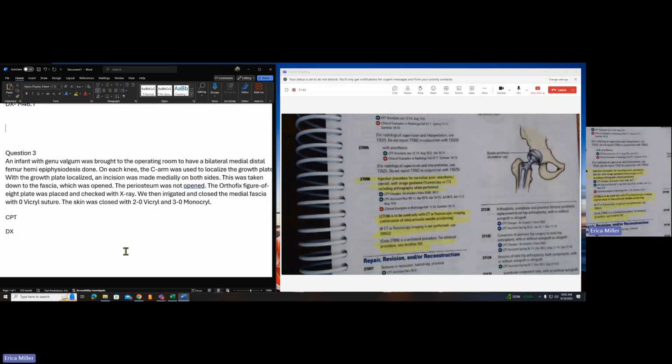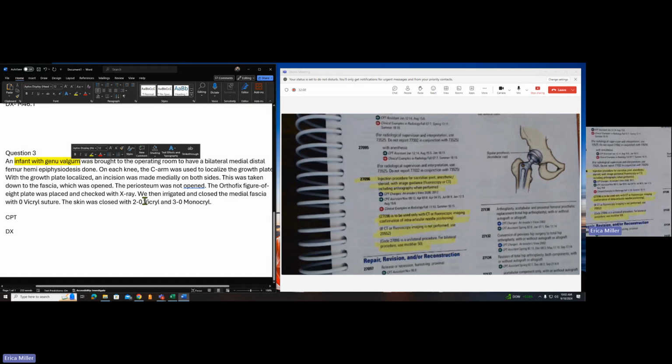All right, so problem, procedure. Let's figure it out. Some key things here. The fact that they're telling us this is an infant is an important factor. This doesn't tell me age. However, if we're talking about an infant with a condition, this is not acquired.